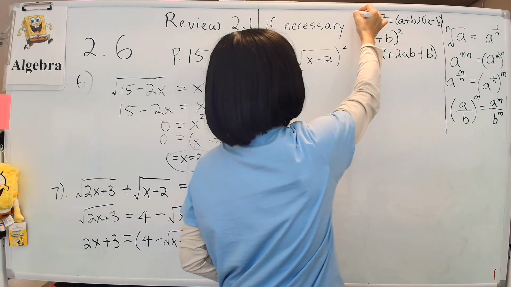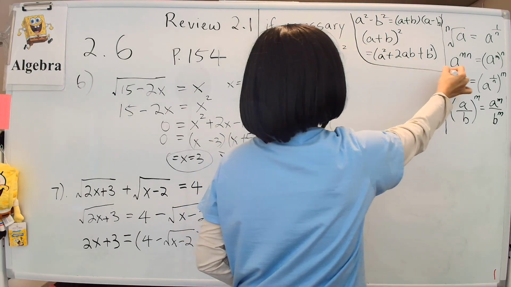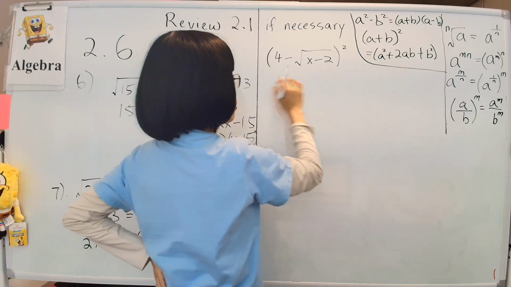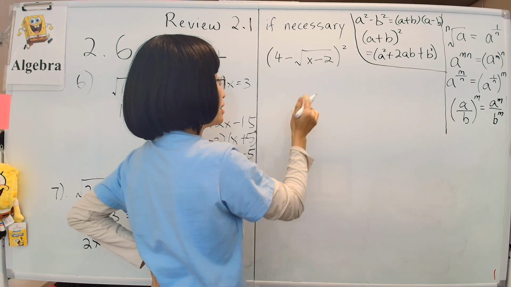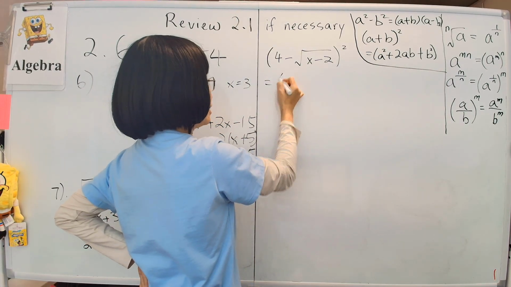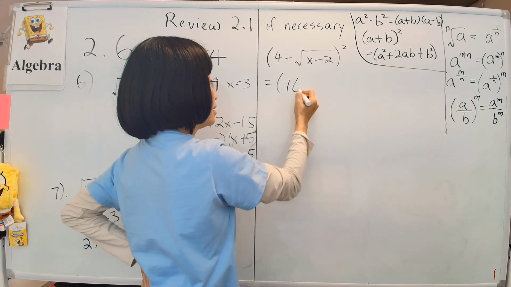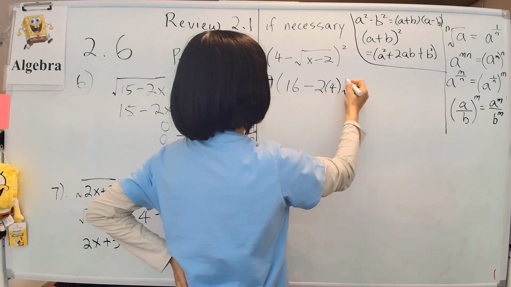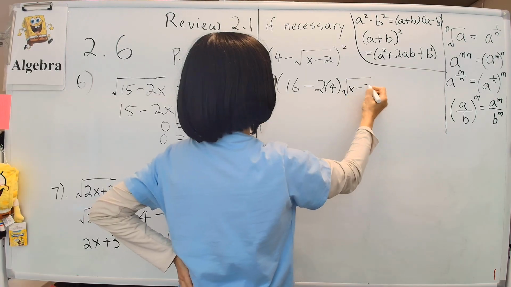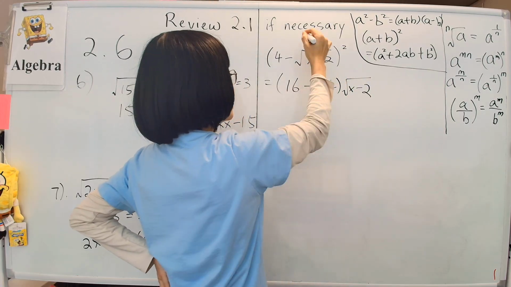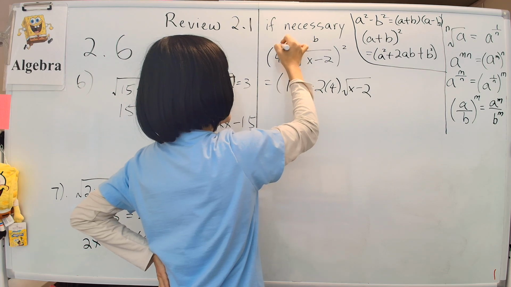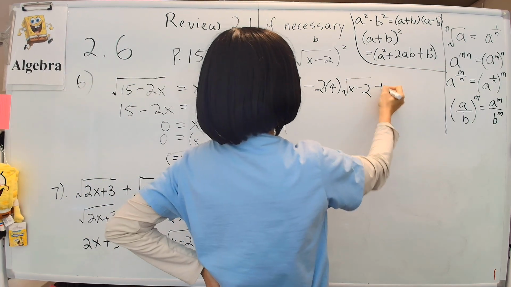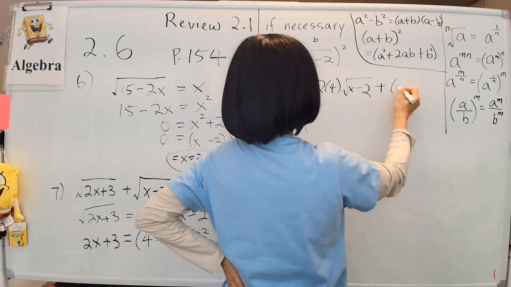Or you just multiply it out the old-fashioned way. Either way, that's the fact. Applying this, you're going to end up with 4 squared, that's 16, minus 2 times 4 times the square root of x minus 2, because that's the b, and a is 4 in this formula, and then plus b squared, which is just x minus 2.